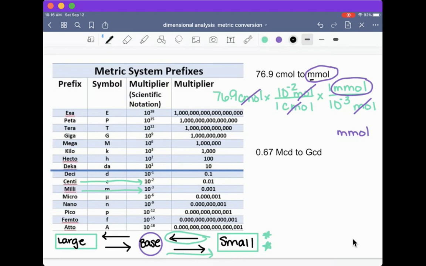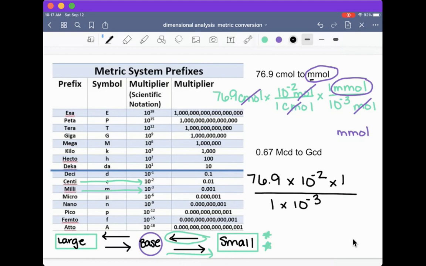So we have 76.9 times 10 to the minus 2 times 1 divided by 1 times 10 to the negative 3. So we can go ahead and put that in the calculator and we can solve the problem.